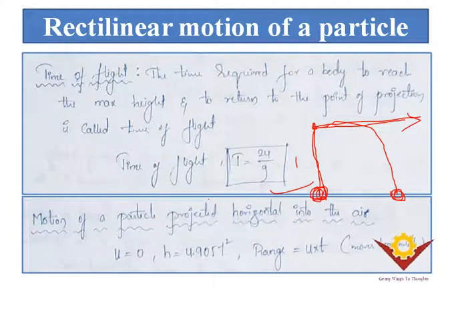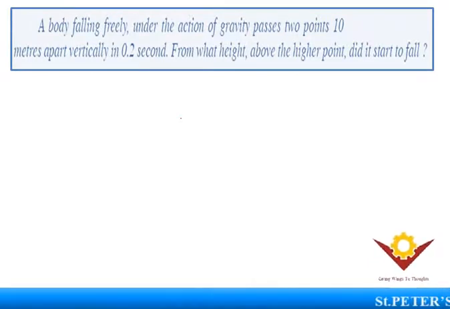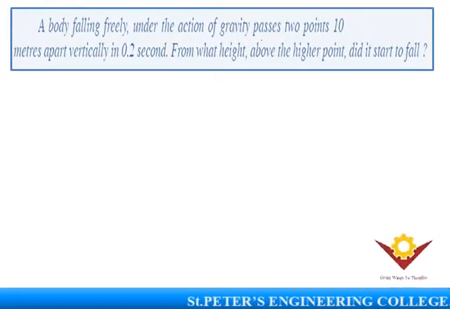We'll see one small problem on motion under gravity. A body falling freely under the action of gravity passes 2 points.